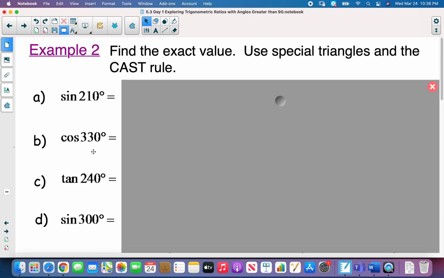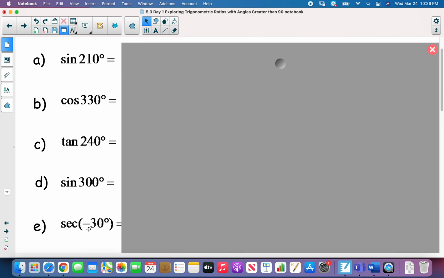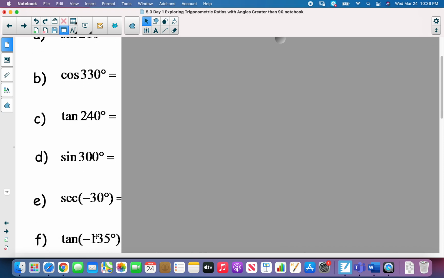Sine 210, please copy that down. Cos 330, tan 240, sine 300, secant negative 30, and tan negative 135. Okay, so you're going to do all of these and then we will take up the answers.